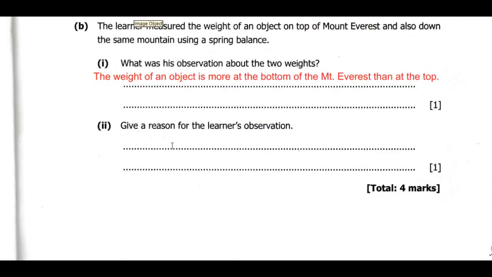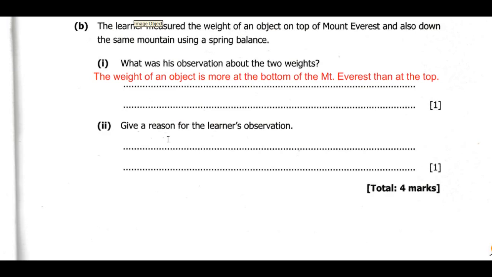Well, this is because the higher you go, the less gravity you have, the less the pull of gravity on the mass of the object that you're measuring. So therefore, you're going to have less gravitational pull as you go higher, compared to when you're down.